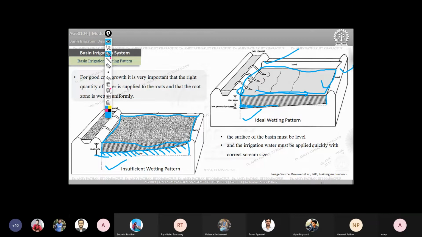So once water is provided, it should be confined here and allowed to infiltrate vertically downward. So it is important that the surface of the basin must be level, and irrigation water has to be applied quickly with a correct stream size. That is the requirement.